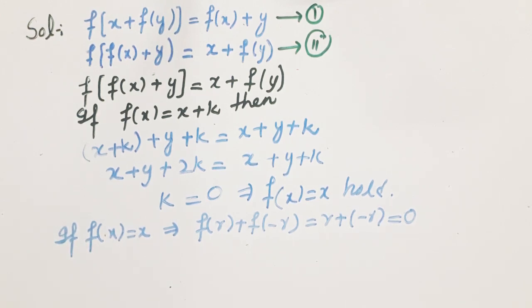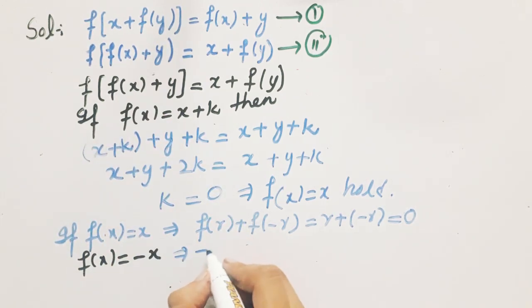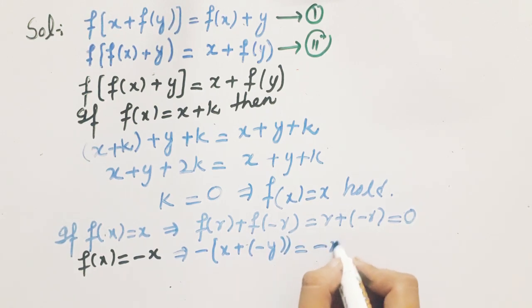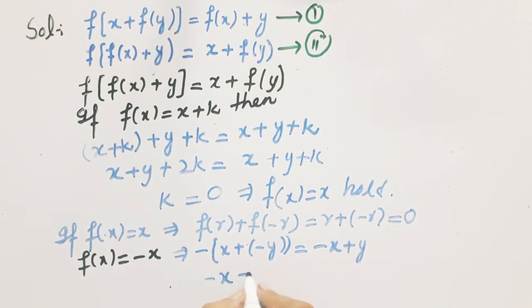Now we will consider the other case, that f of x is equal to minus x. Substitute this value in the second equation, you will get minus of x plus minus y, and this is equal to minus x plus y. Then this equation will become minus x plus y is equal to minus x plus y. So this holds.